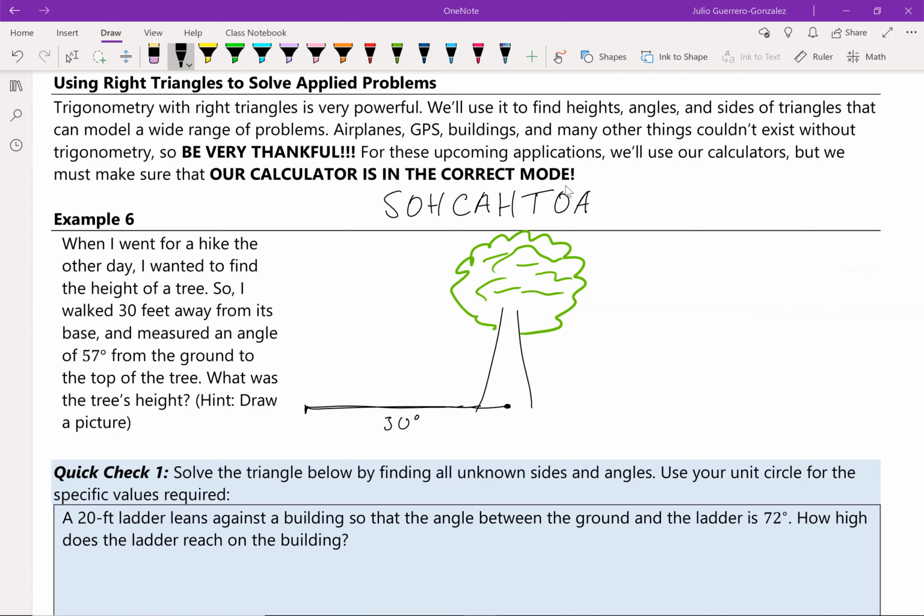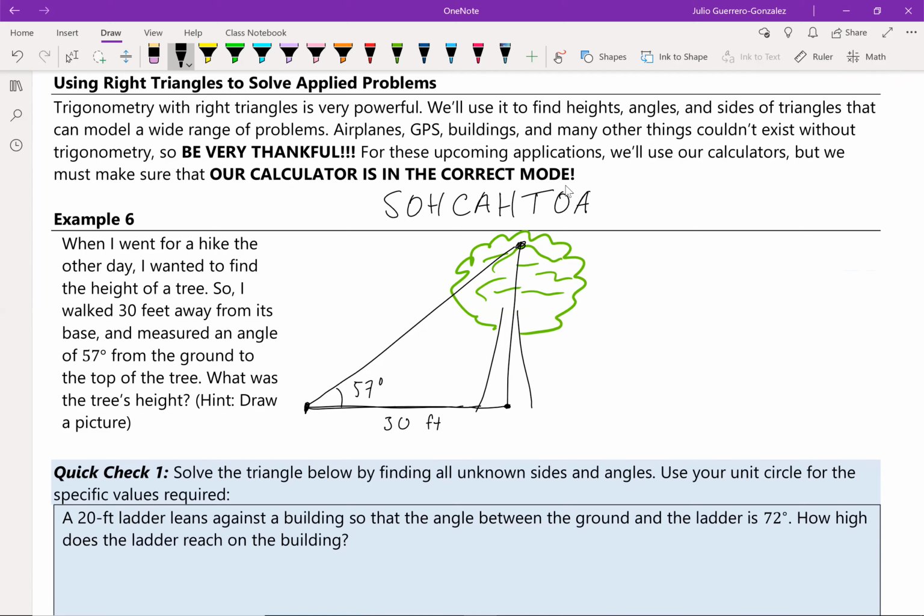Yes, 30 feet. And from here, I measured the angle to the very top of the tree. You guys probably see where this is going. That's going to be 57 degrees.